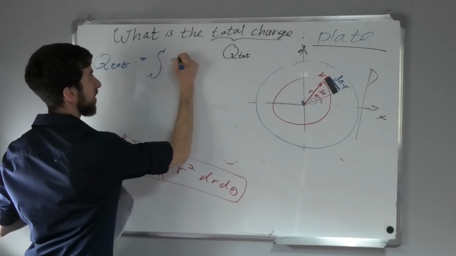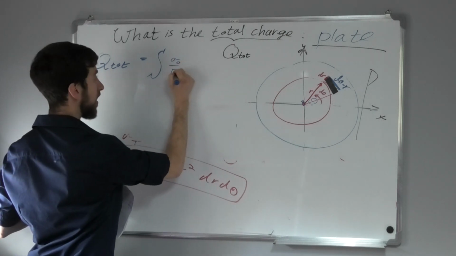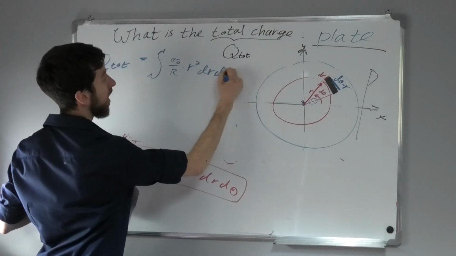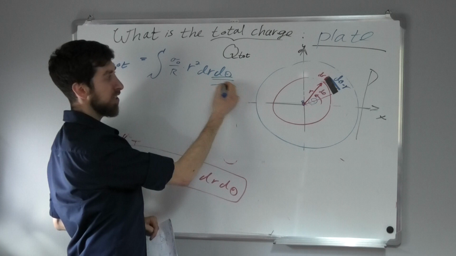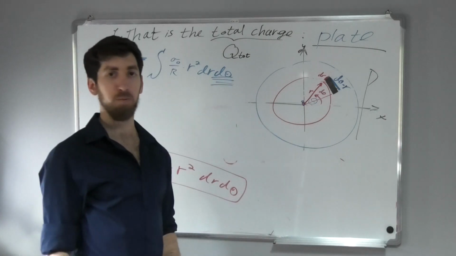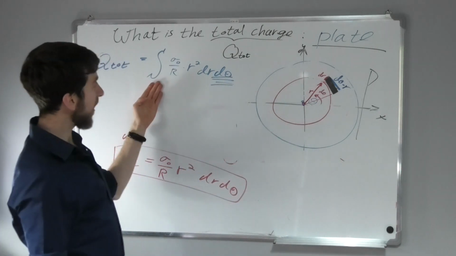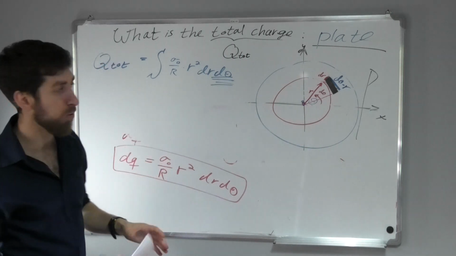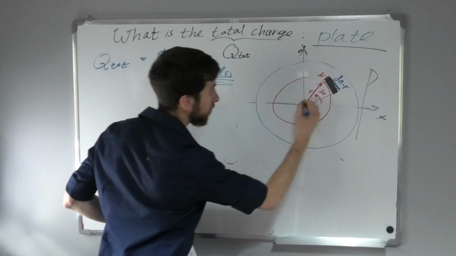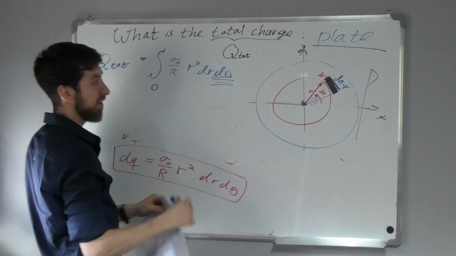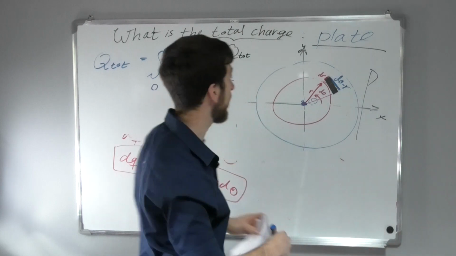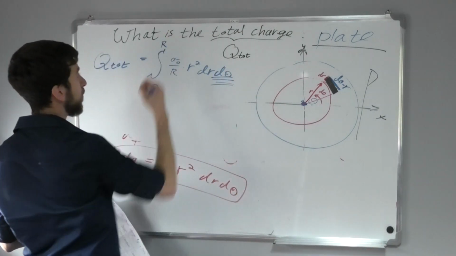This dq is sigma 0 over r multiplied by r squared dr d theta. Then I realized that I'm inside a big problem, because I don't have an integral only with dr. Dr I know. Dr runs from the start, where the plate exists at 0, and finishes at the edge of the plate, which I give you as r.